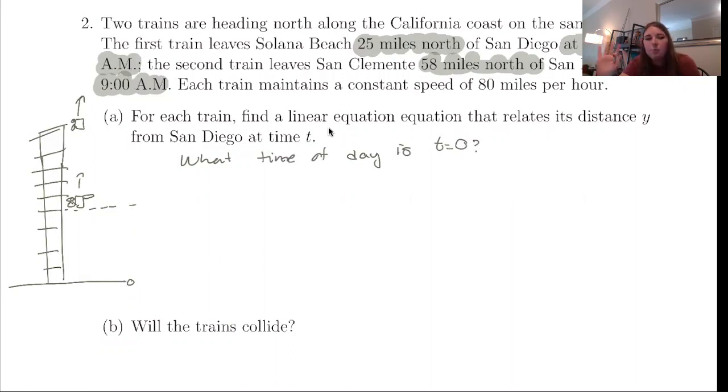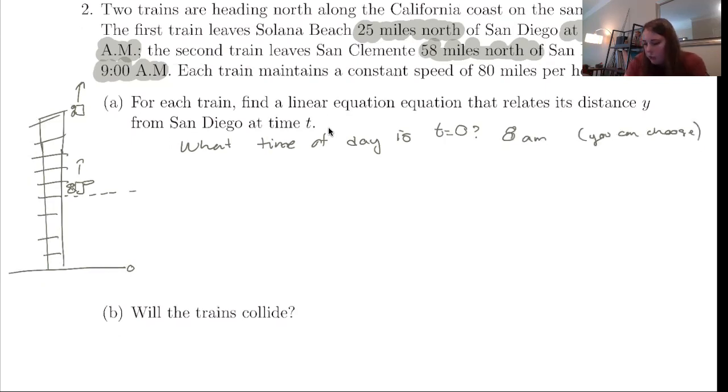There's no right or wrong answer. I'm just asking you to decide. 8 a.m. Okay. That's usually what I would do too. I wouldn't recommend making it noon because then you'll start at like -4. That's kind of confusing. That's just a recommendation. So we're going to say it's 8 a.m.